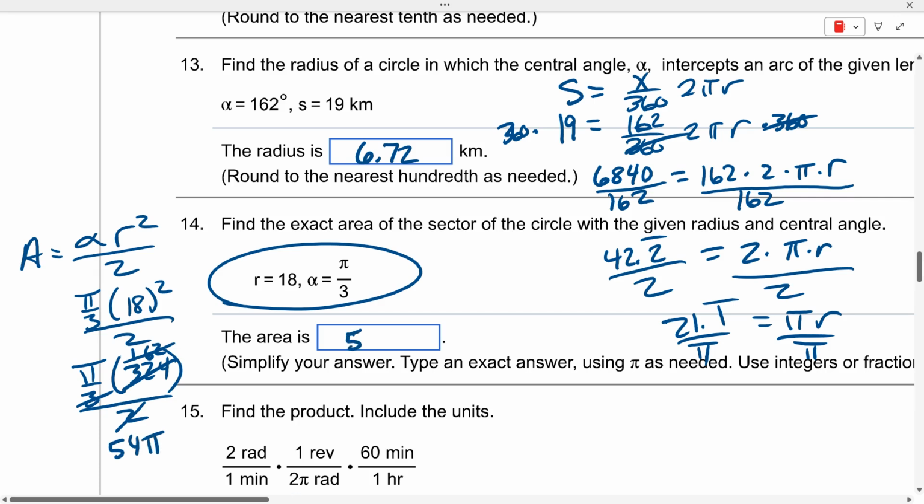So the area is 54 pi. Type an exact answer using pi as needed. So you don't press the pi button on your calculator when you're doing this, because they want it in terms of pi.